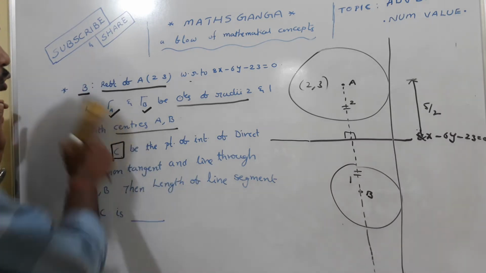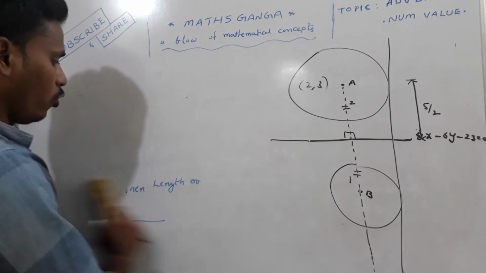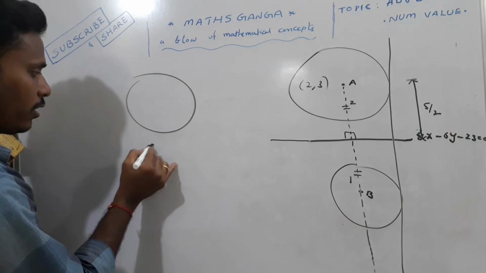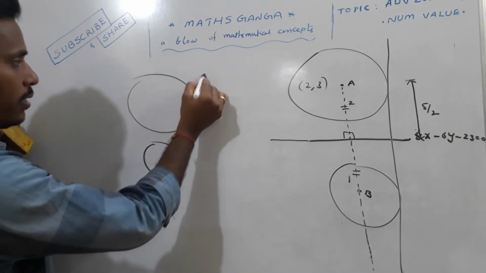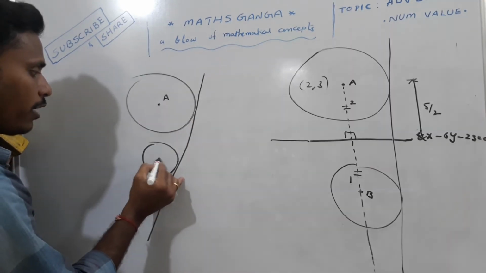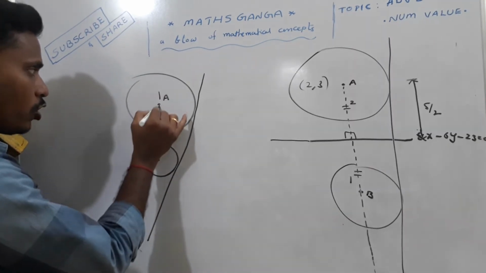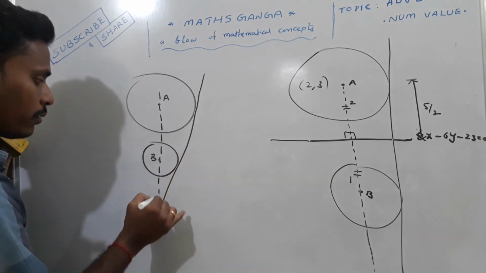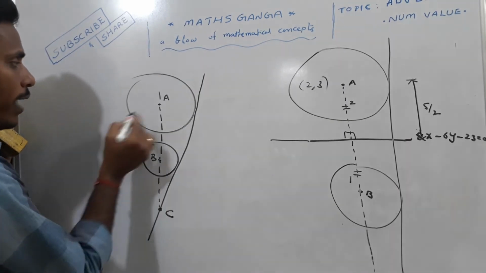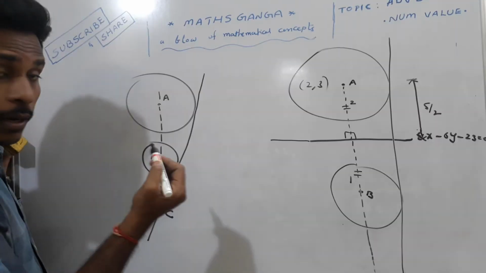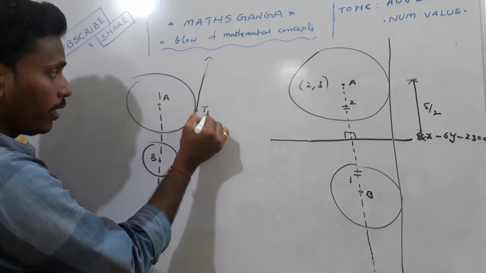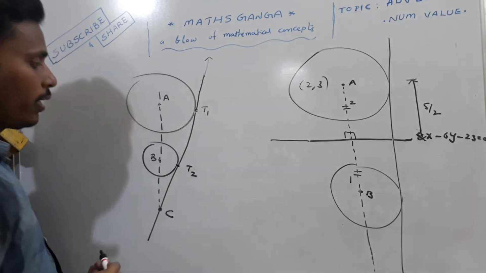See, the question is this one, so I am going to erase this. If you look, we have two circles, circle 1 and circle 2. This is the direct common tangent, this is center A of the first circle, and this is center B of the second circle. The line joining A and B will meet the tangent at the point C, and they ask us to calculate the distance from A to C. Suppose this line touches the first circle at some point T1 and the second circle at some point T2.